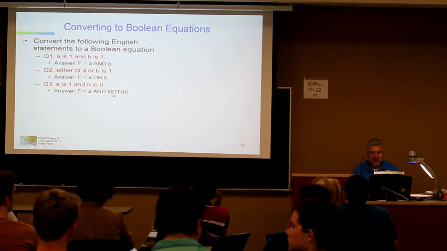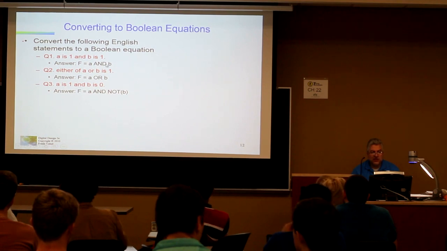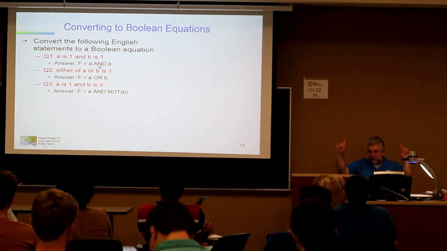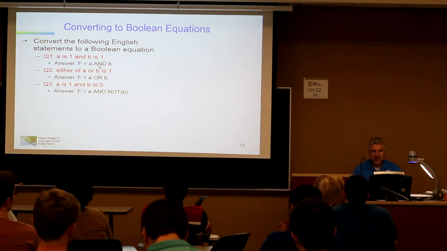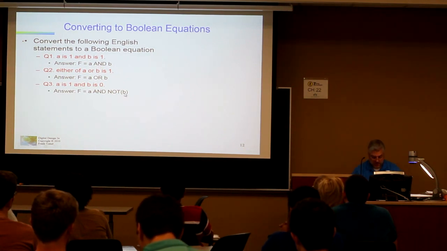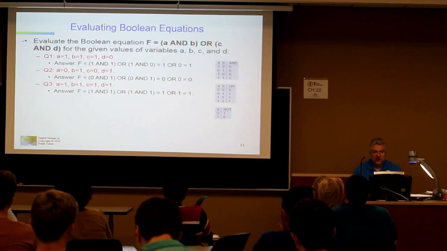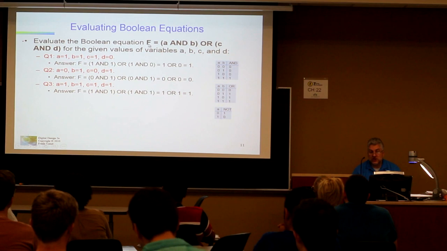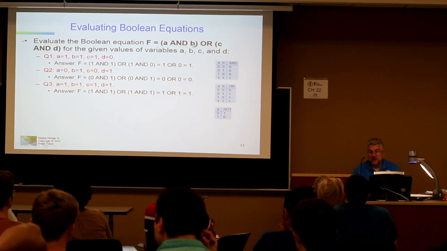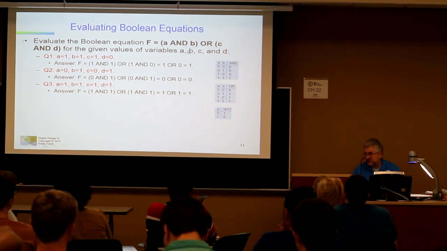And by the way, the operator AND needs 2 inputs, right? In this, the not needs only 1 input. And in fact, you probably saw this in the one before this. This long equation, A and B was in parenthesis.